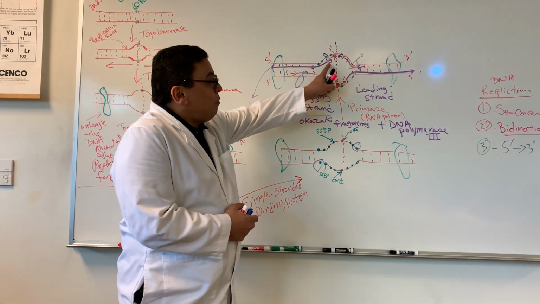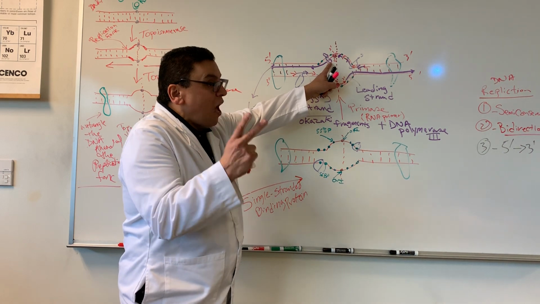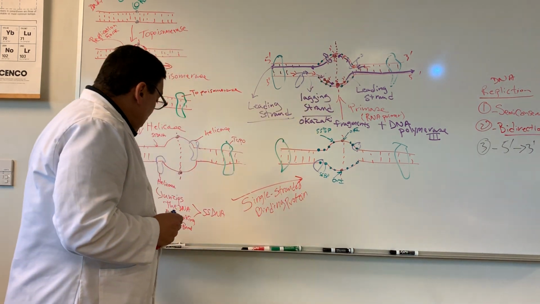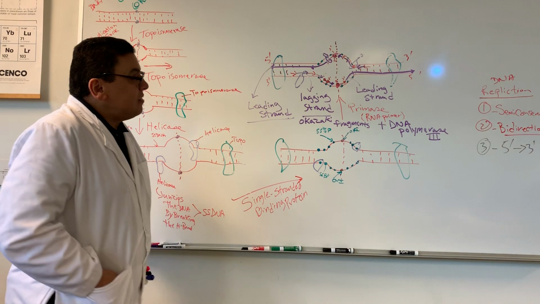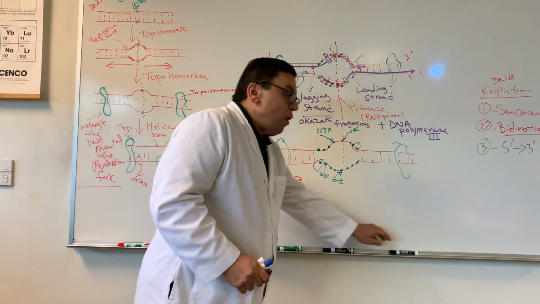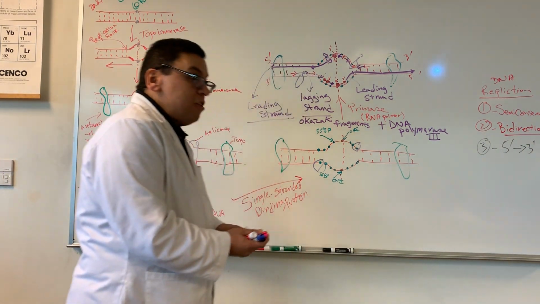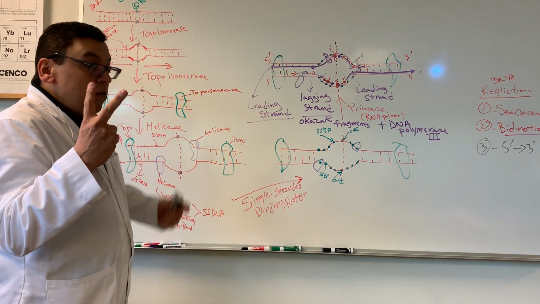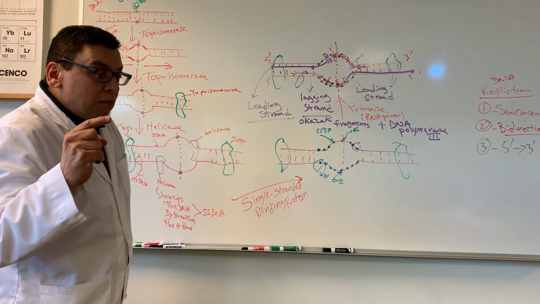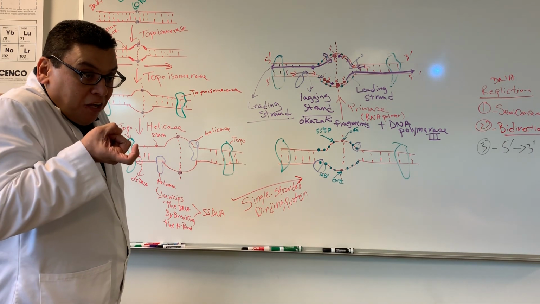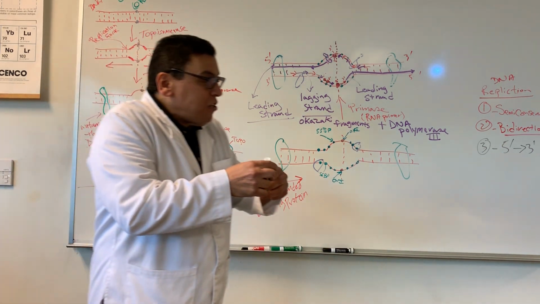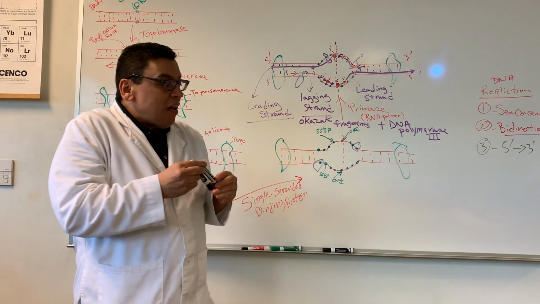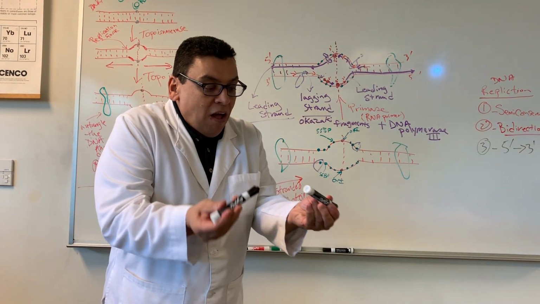So the RNA primer serves 2 jobs. Job number 1, it tells DNA polymerase 3 where to start. Job number 2, it gives DNA polymerase the attachment point, the hook. Watch this now. Primase comes in, and it first lays down an RNA primer.